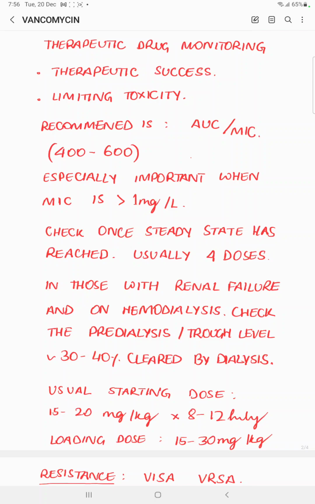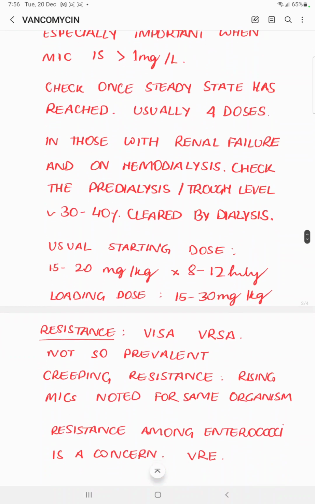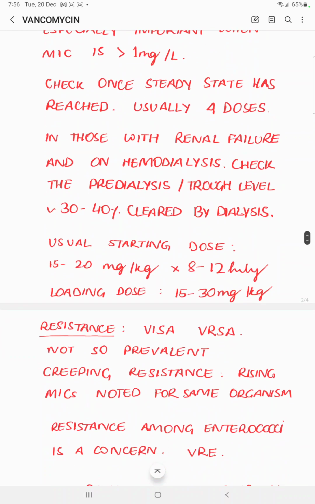But in patients who have renal failure and are on hemodialysis, we check the pre-dialysis trough levels and then decide on the administration of the antibiotic. We need to be clear that around 30 to 40% of the drug gets cleared by dialysis. So the drug dosages, whether given during, pre-dialysis or post-dialysis, will differ by this amount.